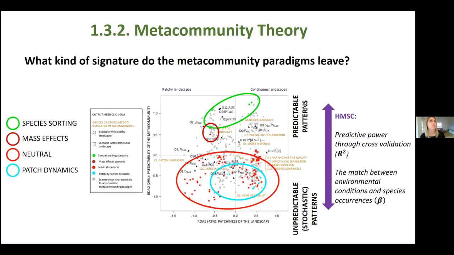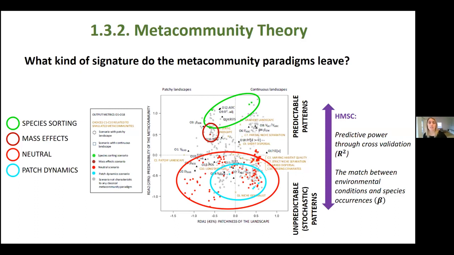Well, the results were perhaps a bit disappointing, and perhaps they sound a bit simplistic, but it is actually quite difficult to disentangle among these four paradigms when we collect data in this way.